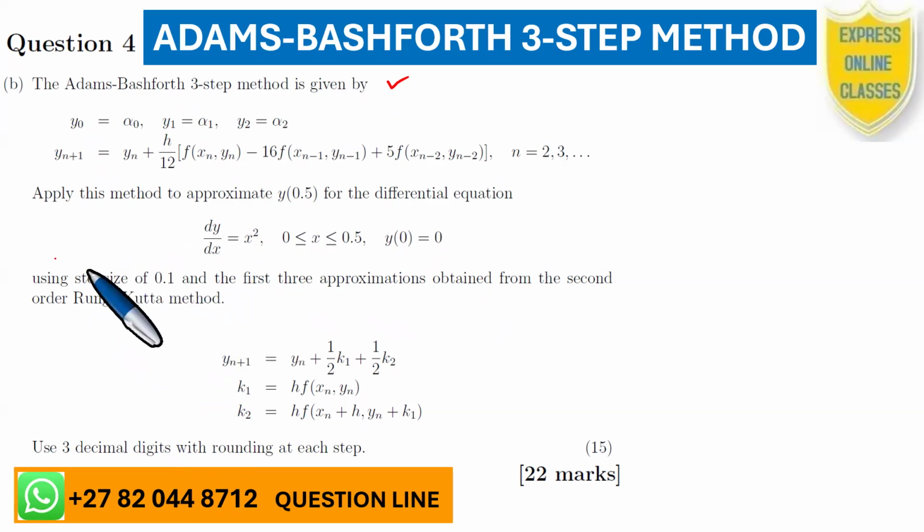In other words, h is 0.1. The first three approximations are obtained from the second order Runge-Kutta method. Use 3 decimal digits with rounding at each step.